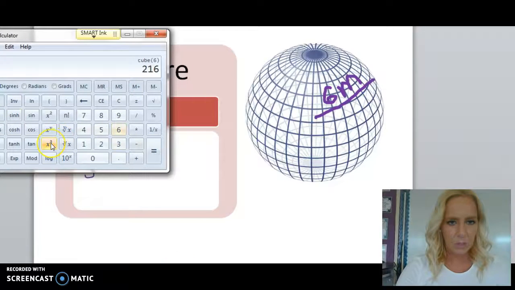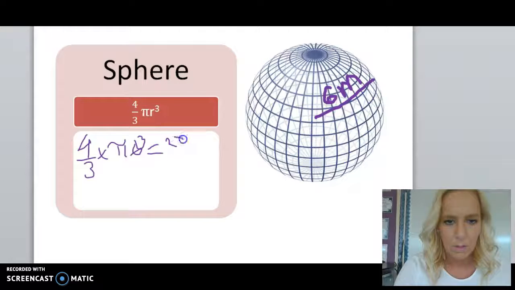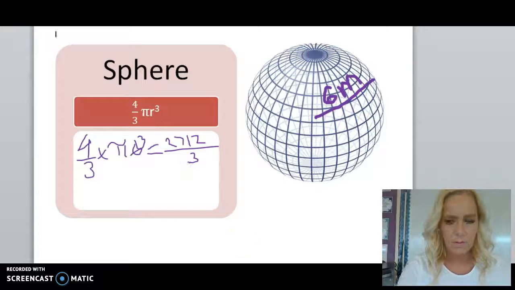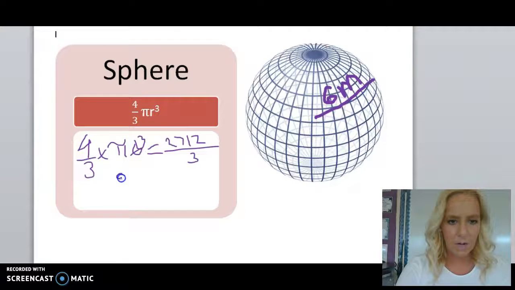So let's do 6 cubed times 3.14 times 4, which is 2,712. All divided by 3. So 904 meters cubed.